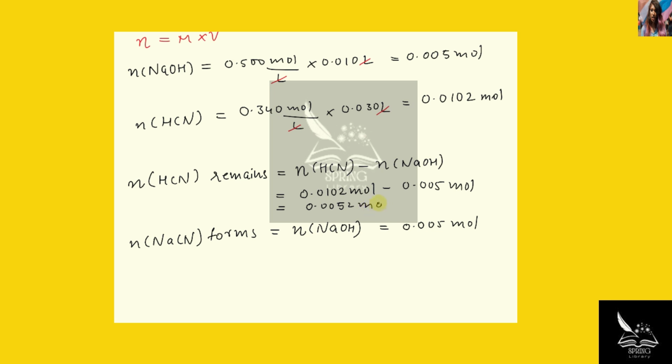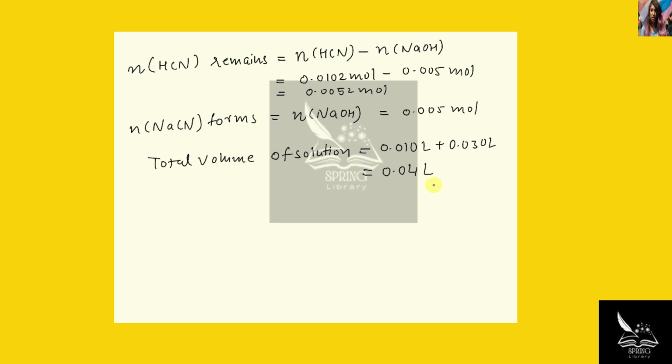Now we can say that the total volume of solution is equal to 0.010 liter plus 0.030 liter. On adding, we get the value 0.04 liter.